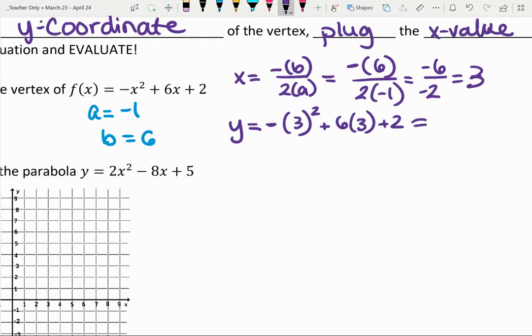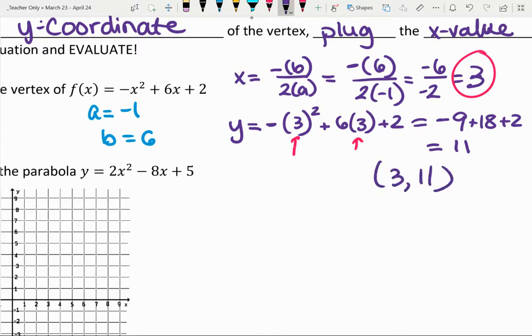So I substitute that x value in. I took that 3 and I substituted it in as my x value. So I simplify, I'm going to get -9 plus 18 plus 2. And when I simplify that further, I'm going to get 11. So my vertex here is (3, 11).